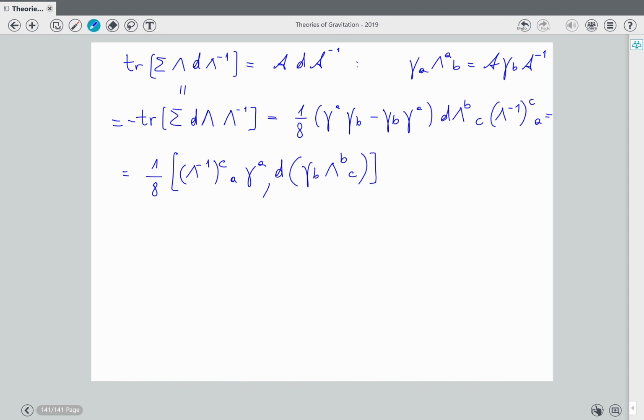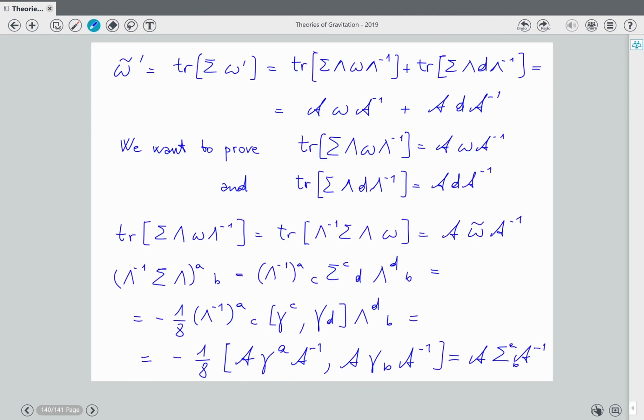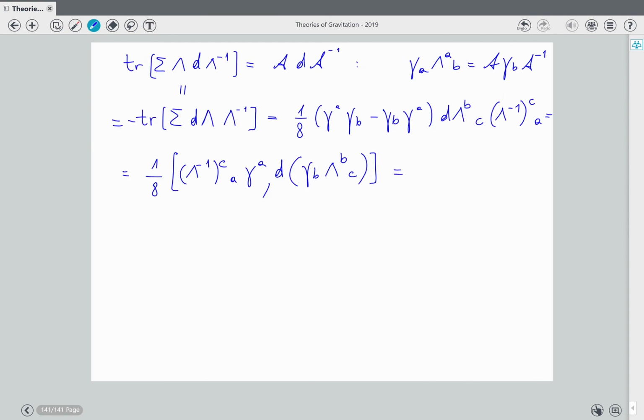Minus the same thing. Now we can replace these objects there, again, as in the previous case, by curly A gamma curly A minus 1. And check it yourself with lambda minus 1. Remember, the lambda minus 1 is lambda itself with indices exchanged, so that's easy.